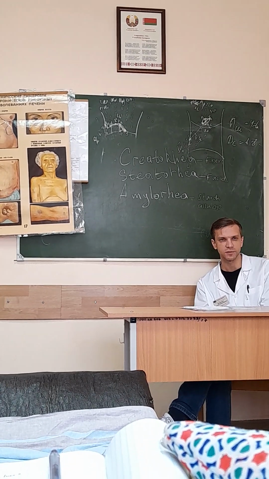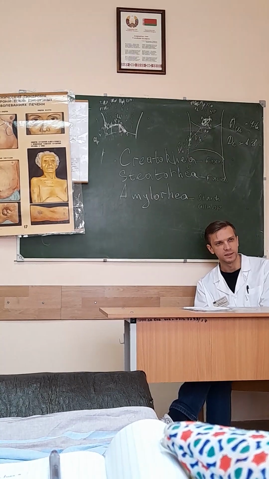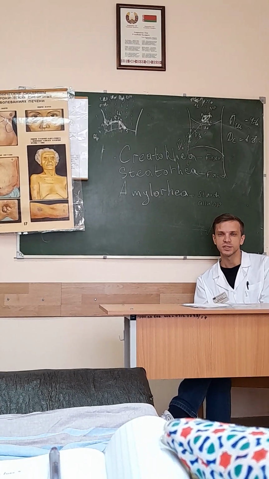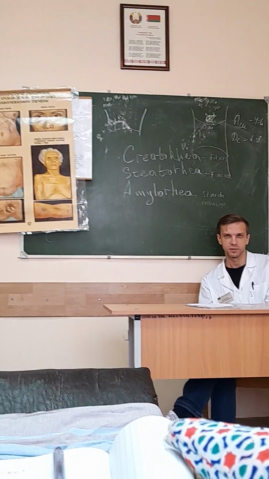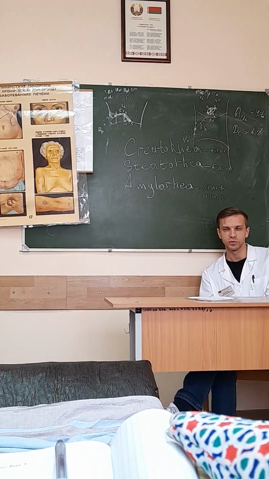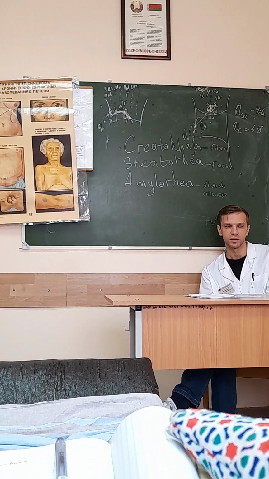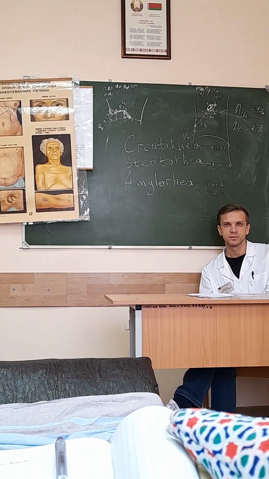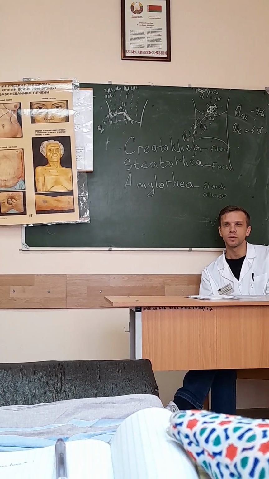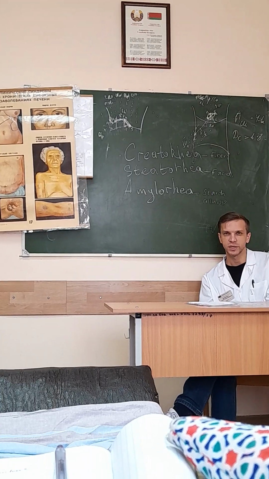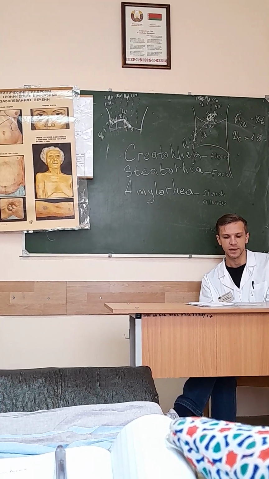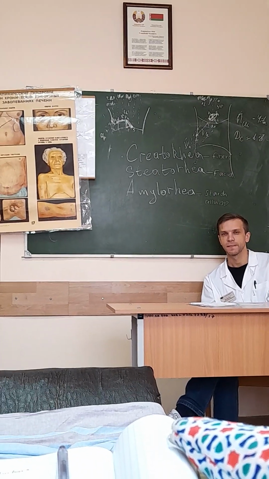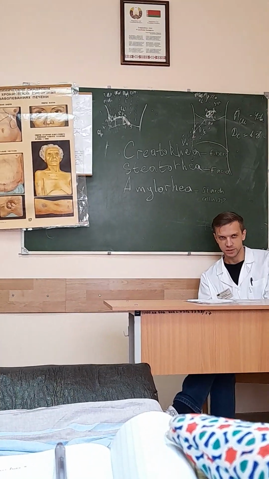Urea and creatinine have to be removed with kidneys. So if there is increased level of urea and or creatinine, hyperuremia and hypercreatininemia, it is kidneys failure. One more indicator of kidneys failure is potassium, kali in Russian. Increased potassium, yeah.